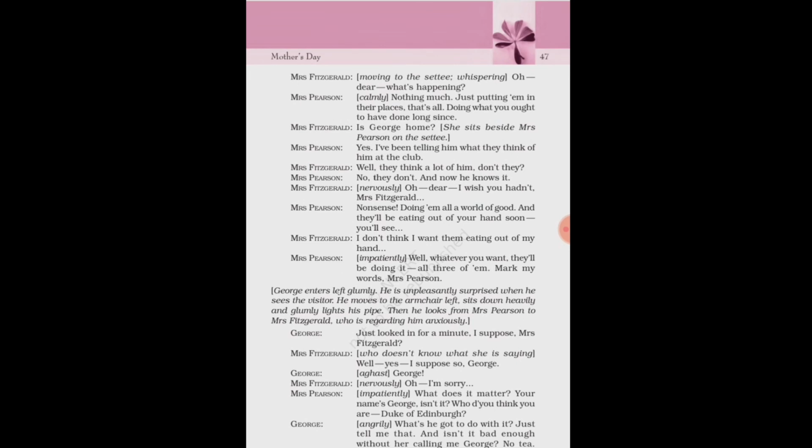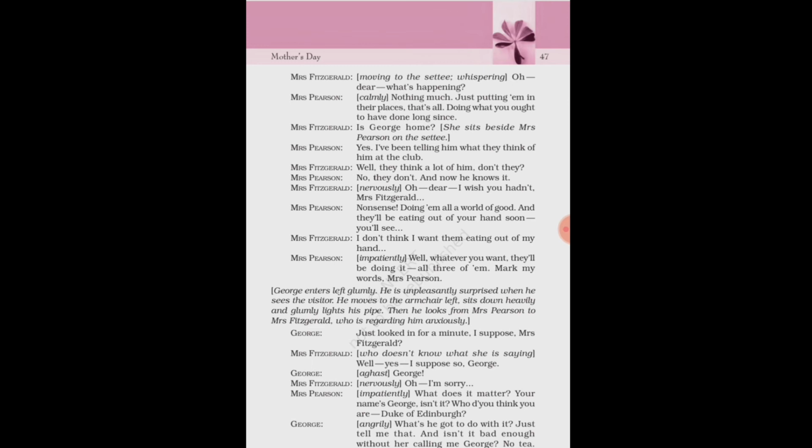Mrs. Fitzgerald moves to the seat, whispering, "Oh dear, what's happening, Mrs. Pearson?" "Nothing much, just putting them in their places, that's all. Doing what you should have done long since." Mrs. Fitzgerald: "Is George home?" She sits beside Mrs. Pearson on the settee. Mrs. Pearson: "Yes, I've been telling him what they think of him at the club." "Well, they think a lot of him, don't they?"